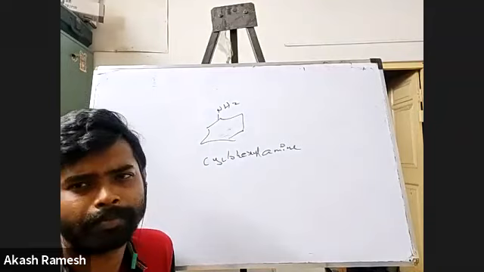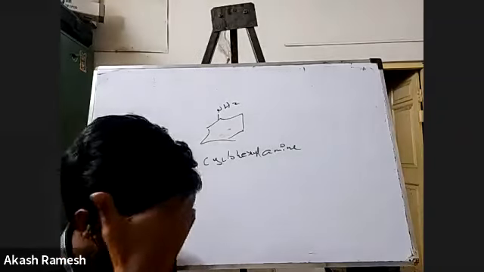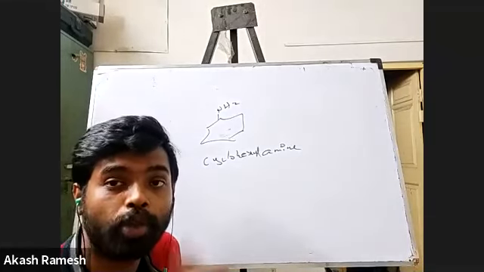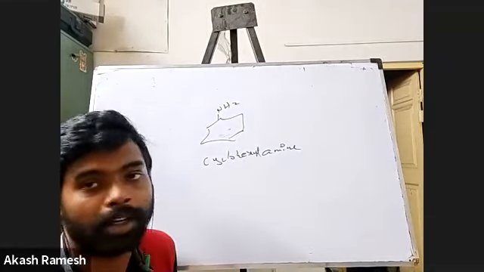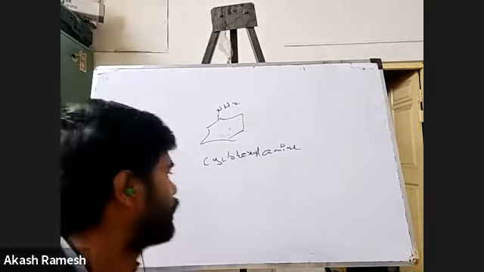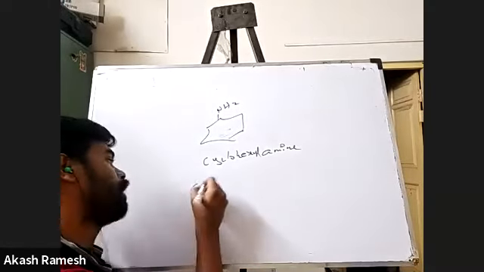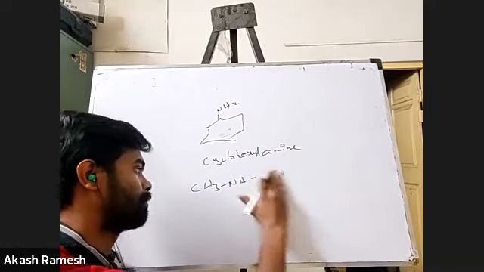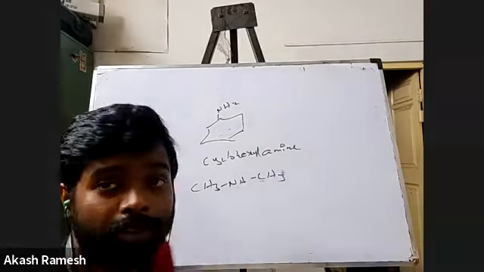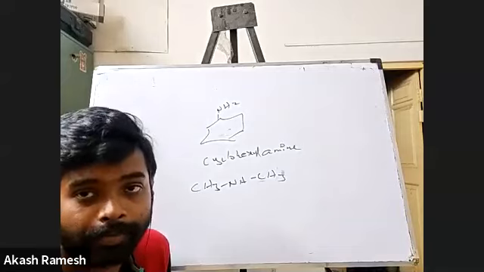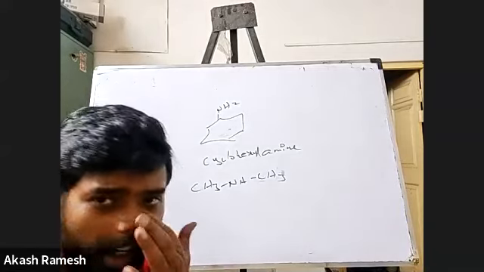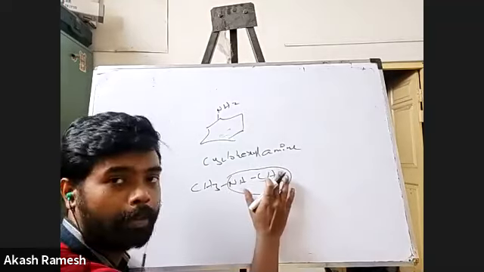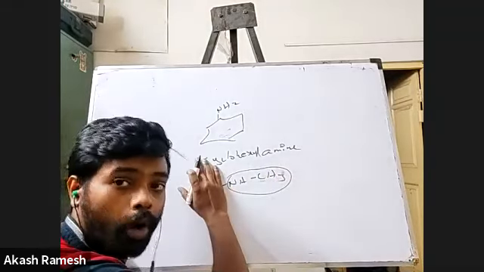It's very simple. Now the problem comes when I go for secondary and tertiary amines. At that time you have to use N-alkyl, something like that. Very simple, let me tell you. For example, if you have CH3NHCH3, what you understand is, if this was a primary amine and this was not there, what would you have done?